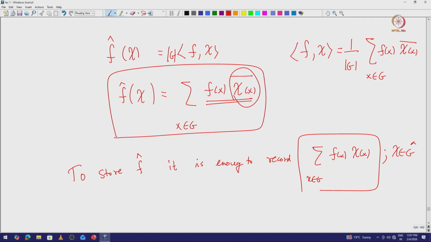But what happens if we go to the general finite groups? So, we may not be able to actually have this luxury anymore. So, the only thing is the chi of x, it may not be complex valued. So, one replaces this chi by general representations.